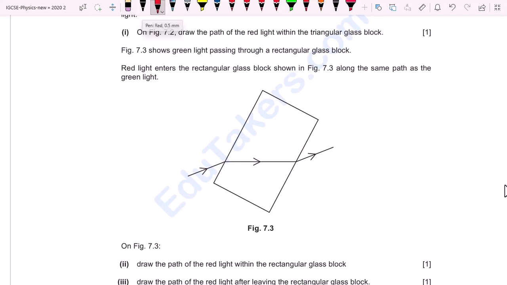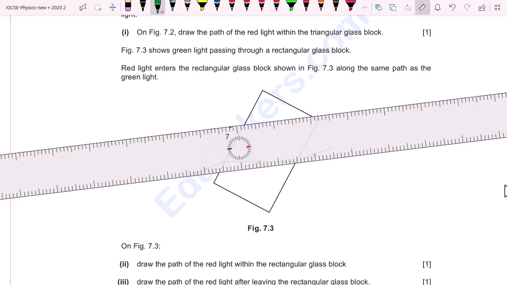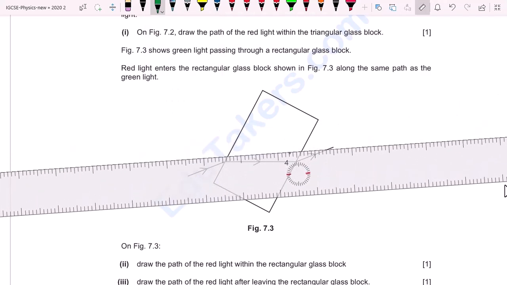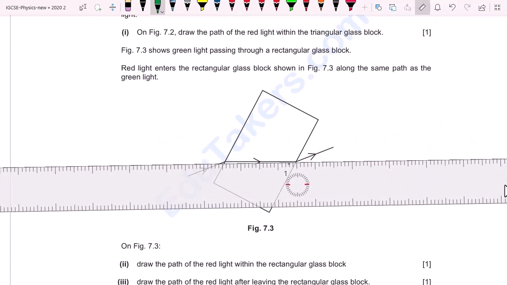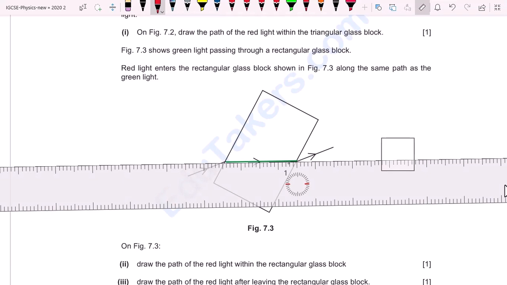First of all, I redraw the green light using the ruler. This is the green light passing through the rectangular glass block, and we have to draw the red light. We know that red light has less refraction, that's why it will be above this green light. So it will be just like this.